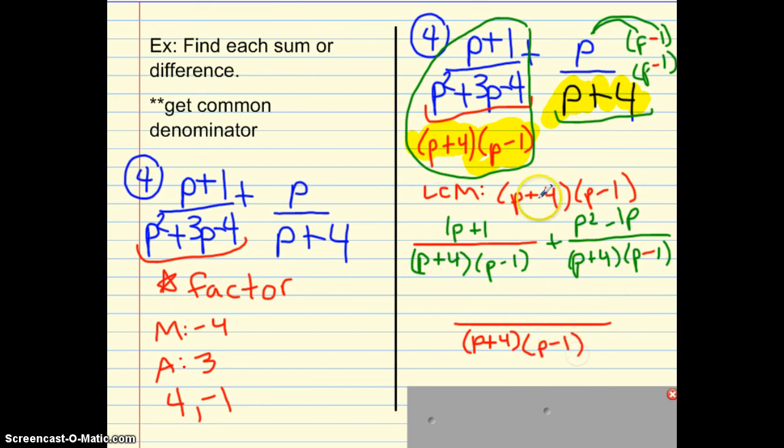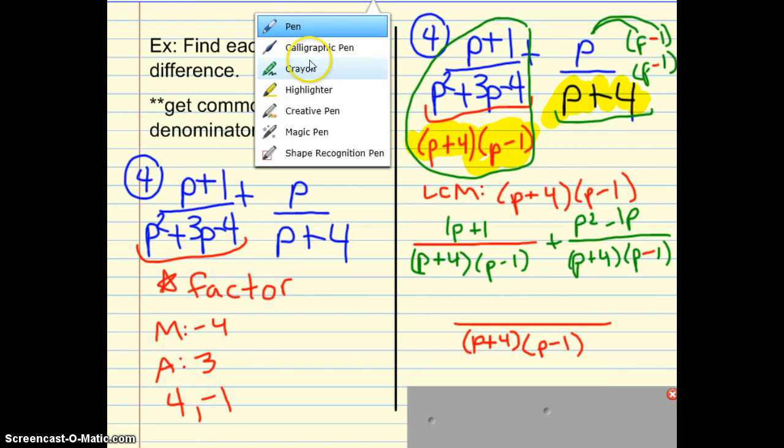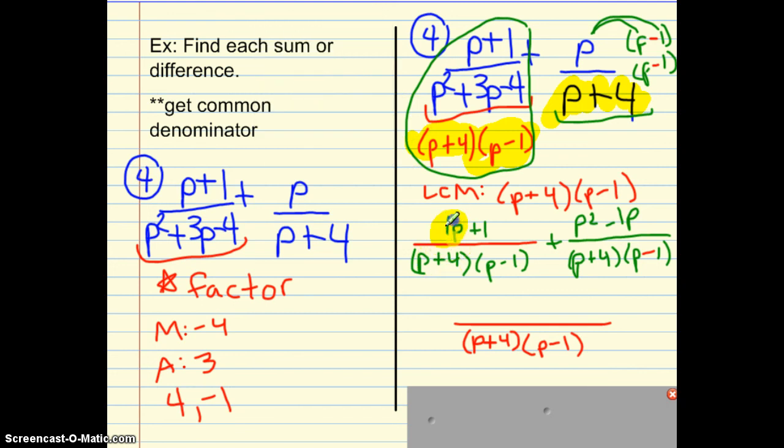And then we'll go through and we'll combine our like terms on the top. Now, this 1p and this minus 1p are just going to cancel out. So that just leaves me with p squared plus 1 on the top here. And that is adding and subtracting rational expressions with unlike denominators. Let me know if you have any questions.